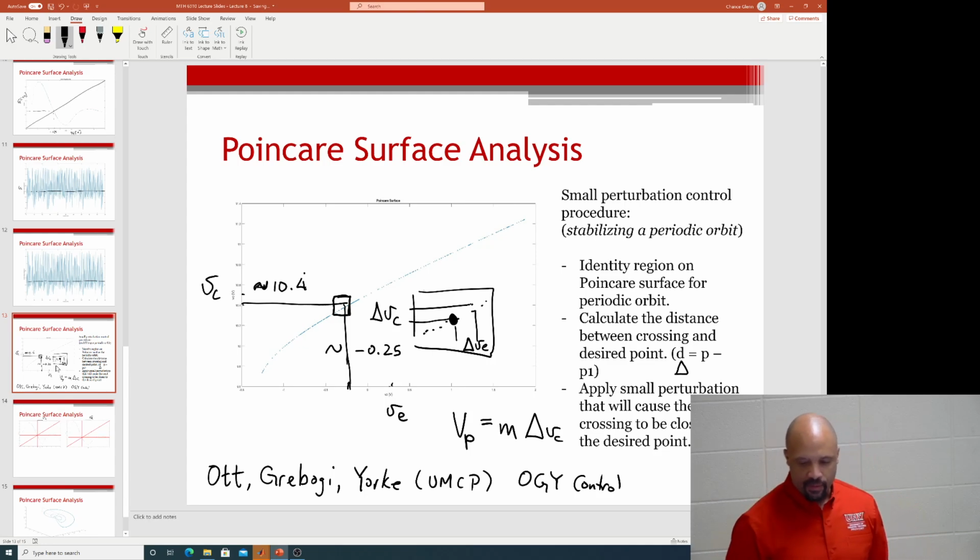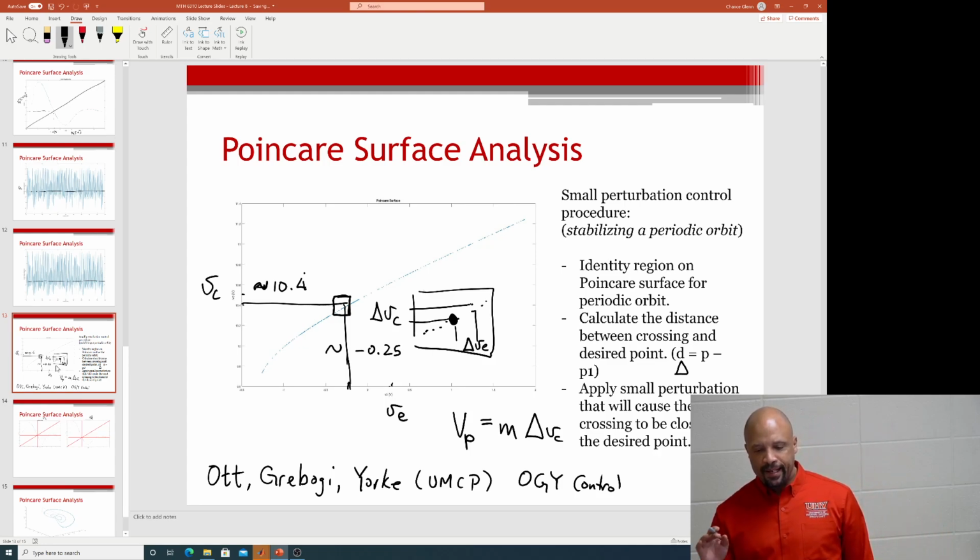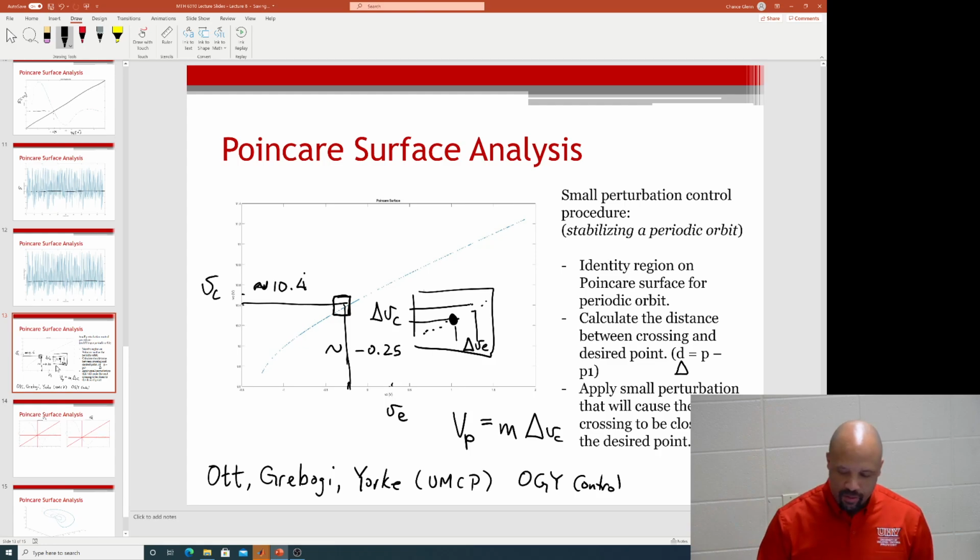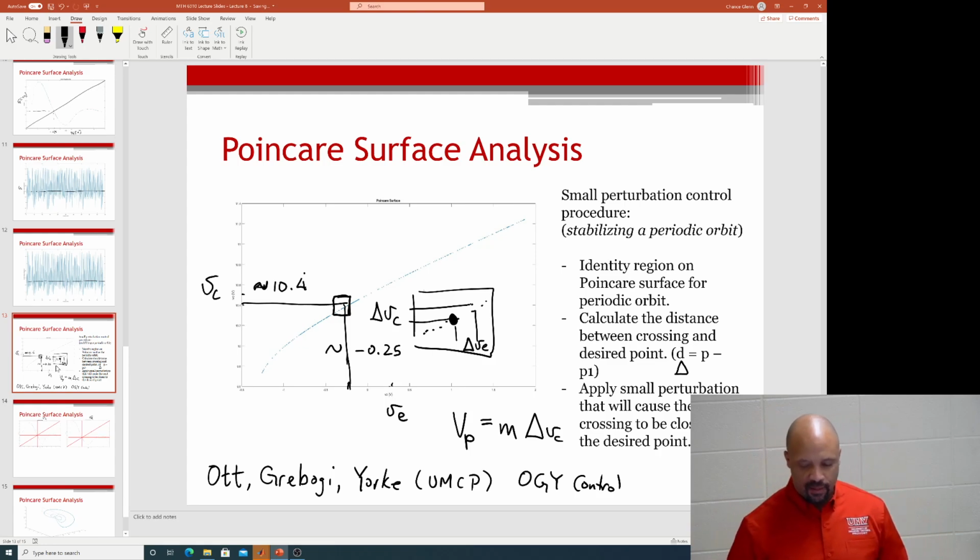Okay? So we're going to apply a pulse that is equivalent to a multiple M of that difference. Now this M could be positive or negative depending on what we need.